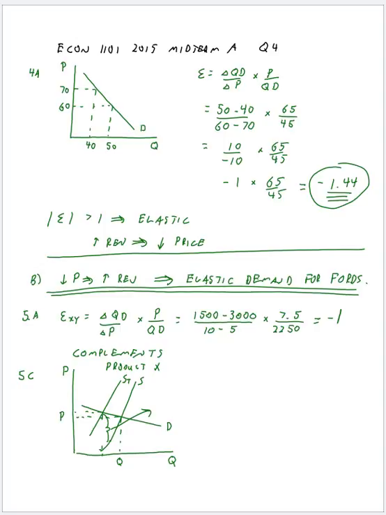So we have a new equilibrium quantity. And we know that the buyers are going to pay more, and we go down the amount that the tax shifted the supply curve, and this gets our price that the sellers receive.